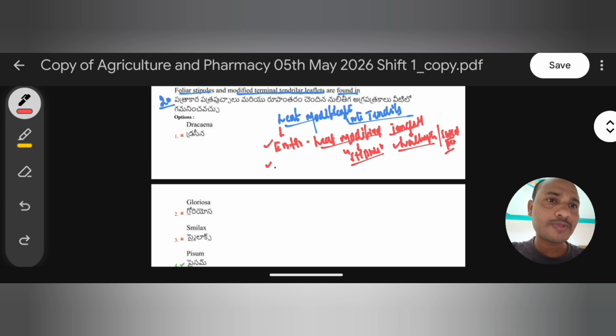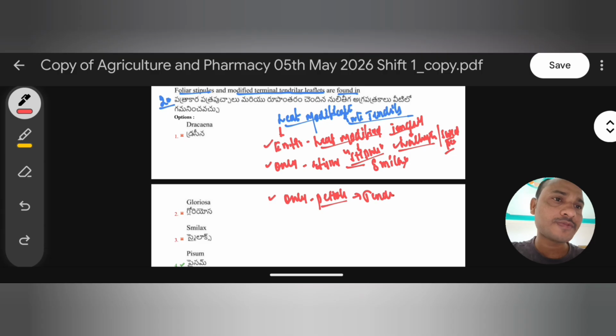Only stipules modified into tendrils are seen in Smilax. Very important, Smilax. Remember, only the petiole, or stalk of the leaf, modified into tendril is seen in Clematis and Nepenthes. In Clematis, we have seen modification of petiole into tendrils.